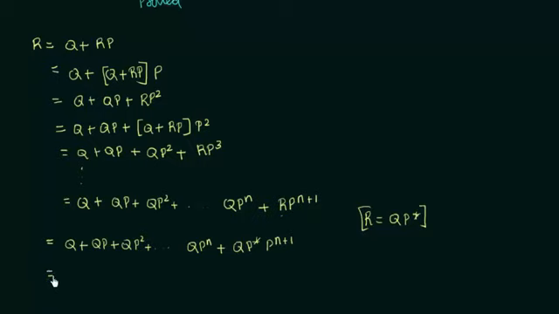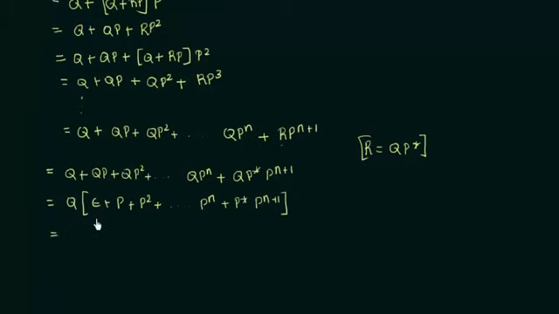Okay, from here now if we take out Q common, now what do we get? Here we get epsilon plus P plus P square plus goes on up to P to the power n plus P star P to the power n plus 1.